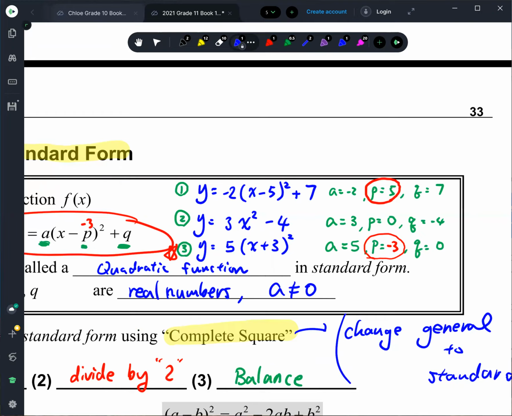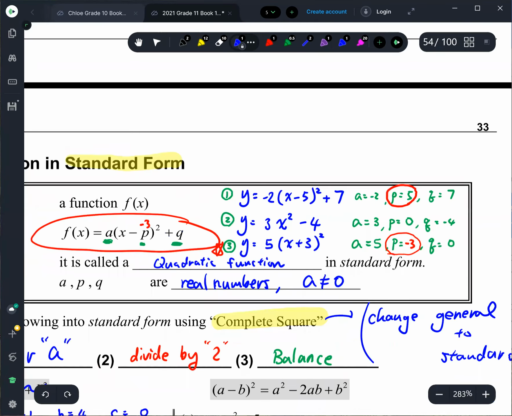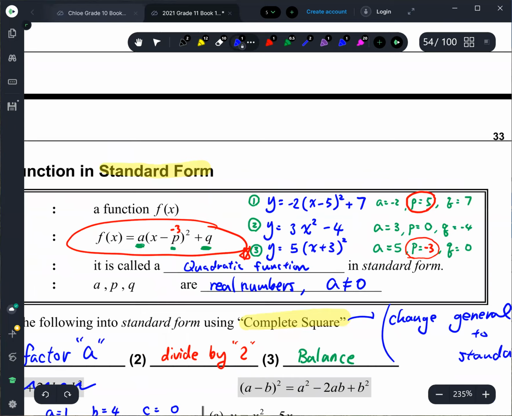For the second one, if there's no bracket, then p is 0, because there's nothing adding or subtracting with the x. If it's x plus 3, p is -3. Look at the sign, it's different. Plus 3, p will be -3. Minus 5, p will be 5. Because for p, it has to be after the subtraction.